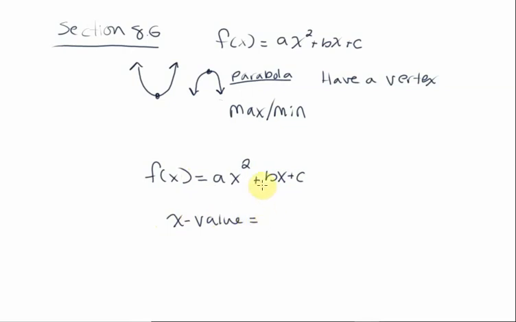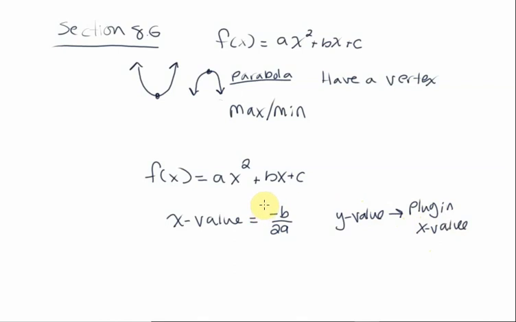You just take the numbers, so whatever's in the b spot, you take the opposite of that and divide by 2 times a. Now, how could I get the y value? How could I get the output for this function? Oh, couldn't I just take the x value and plug it in? So plug in the x value, and that'll give us the y value of the vertex.